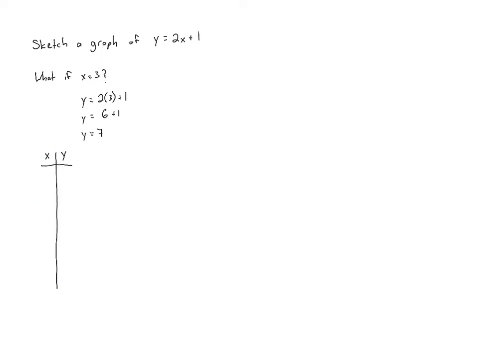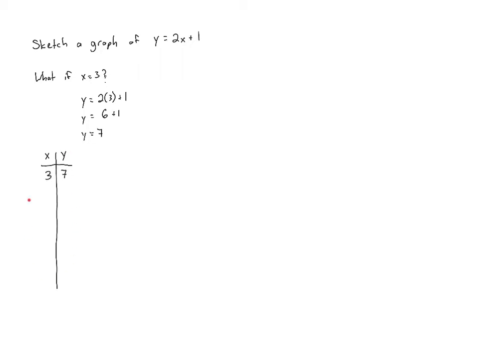So we've already seen if x is 3, then y is 7. We're going to pick some more values for x, and plug them in and figure out the corresponding values of y. And you'll see in just a minute why this is going to be important.